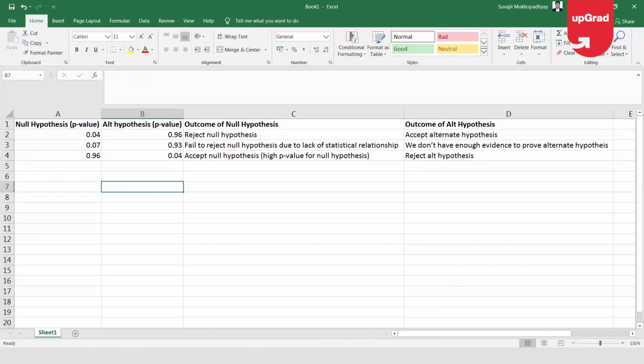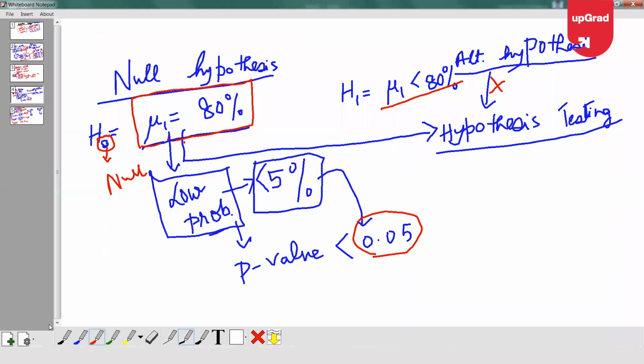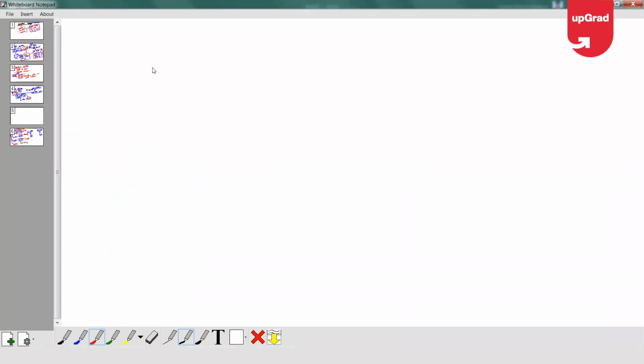So to sum up, a scenario with a use case. Here I'm not going to take a use case name or something, just think that mu1 is greater than say 30 and mu0 is greater than or equal to 20.